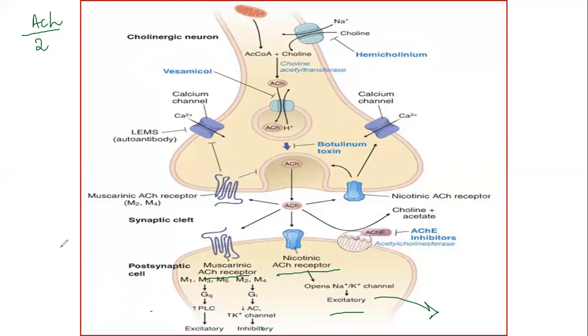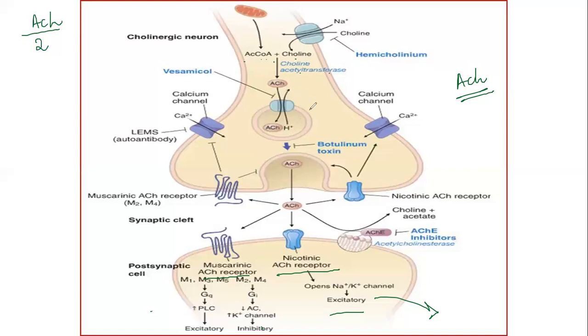Now here you have got acetylcholine as your neurotransmitter. This neurotransmitter is synthesized by the enzyme choline acetyltransferase from acetyl-CoA plus choline. Now this acetylcholine neurotransmitter gets loaded onto the vesicles.